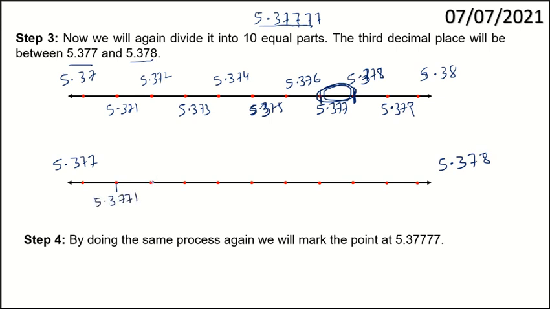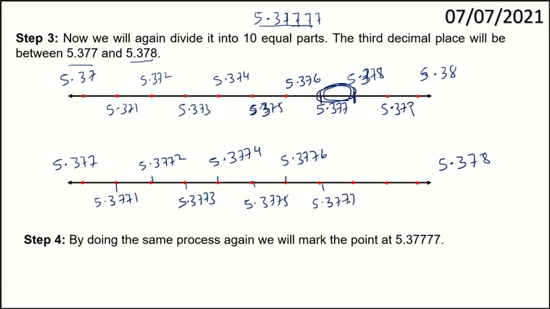This is 5.3771, this is 5.3772, this is 5.3773, this is 5.3774, this is 5.3775, this is 5.3776, this is 5.3777.